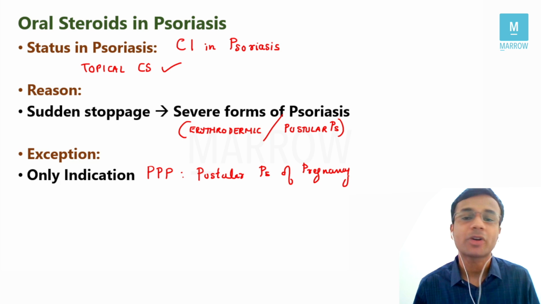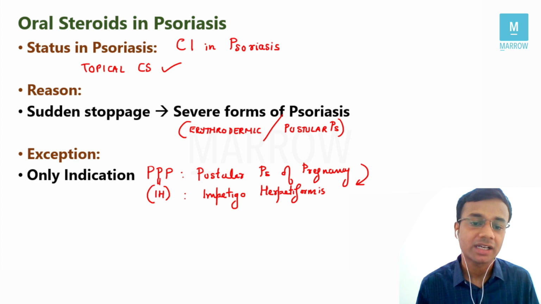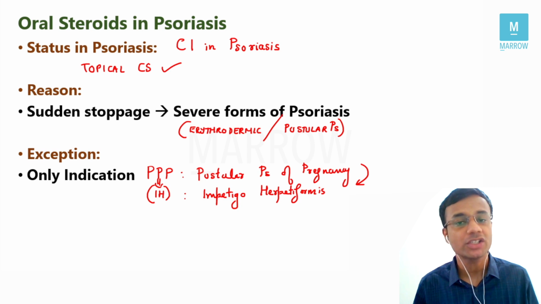This is a very important question in the exam. This condition is also known as IH, which stands for impetigo herpetiformis. So the other name for pustular psoriasis of pregnancy is impetigo herpetiformis.